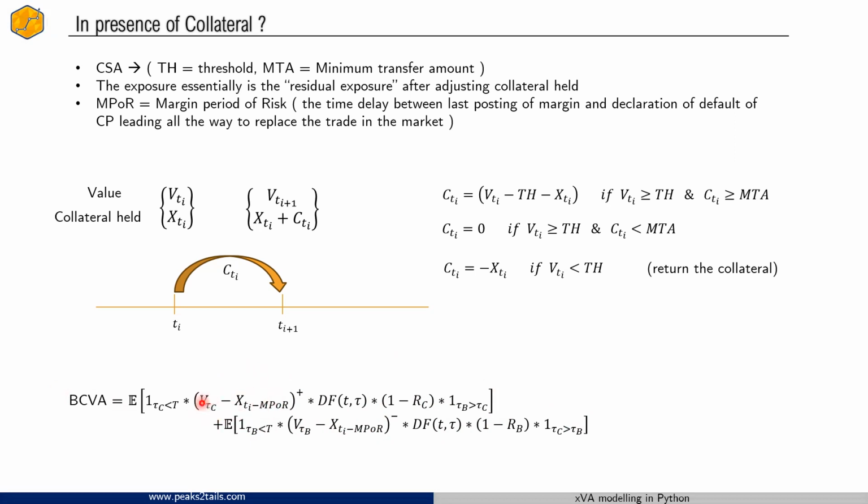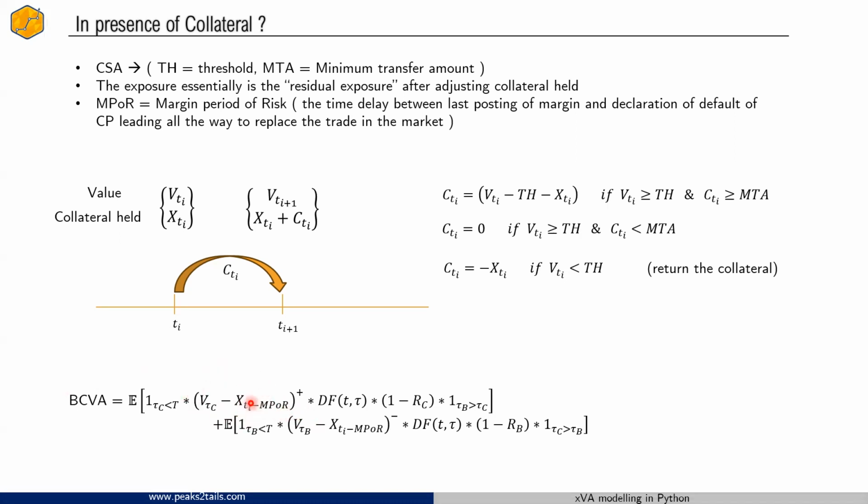So if the counterparty is defaulting at tau C, there is a small caveat here. We do not offset it by the collateral which is available at that default time. We actually take the collateral that is available to us before tau C. There is a typo here. Before an MPOR period.